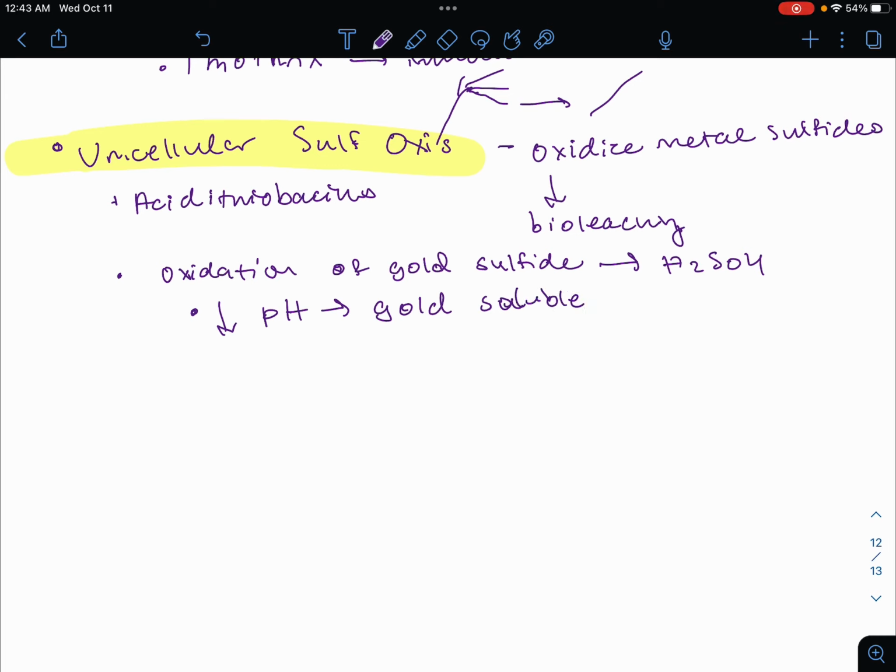That's what bioleaching is. We could also oxidize sulfur into sulfate.